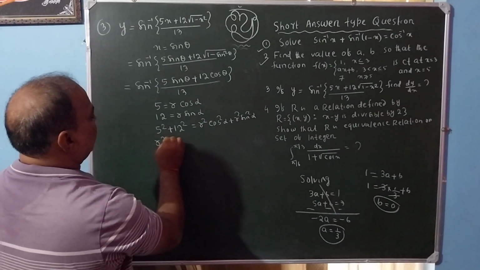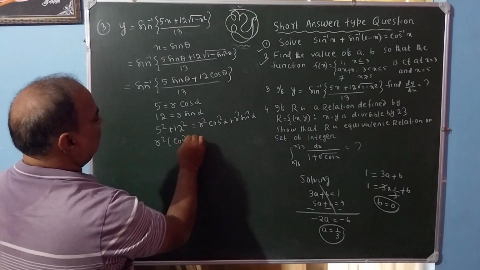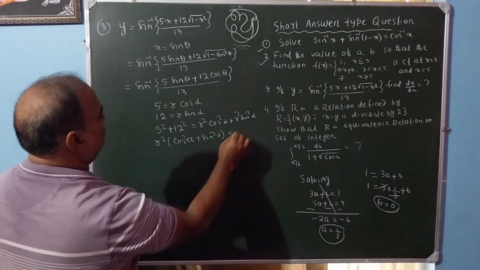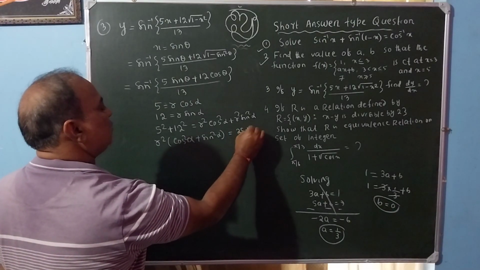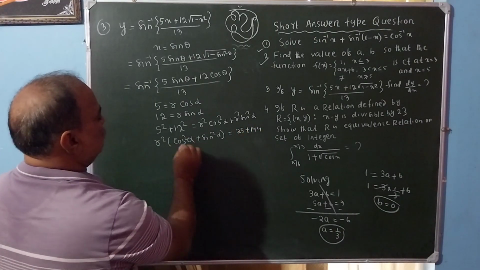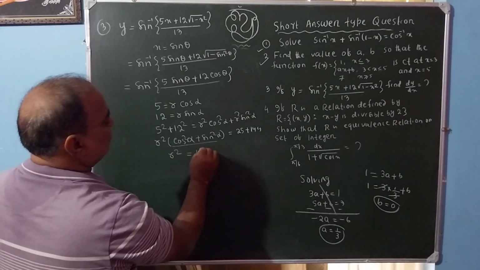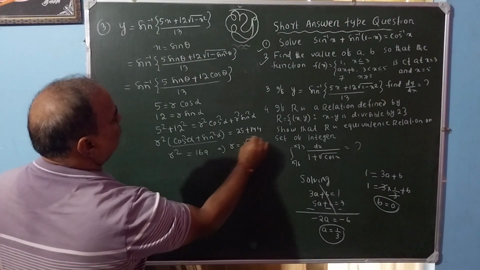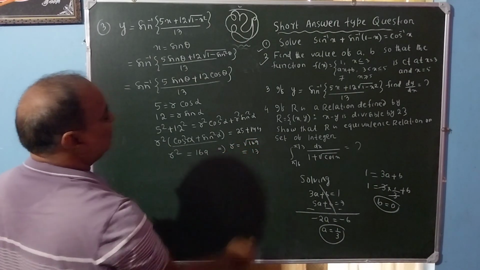So taking r squared common, cos squared alpha plus sin squared alpha, which is 1, equals 25 plus 144. So r squared is equal to 169, which implies r is root of 169, that is 13.